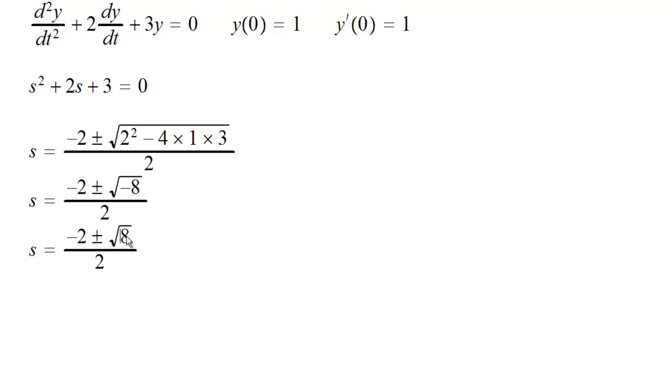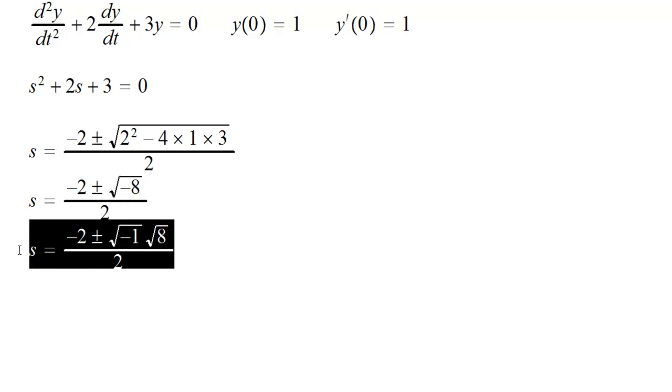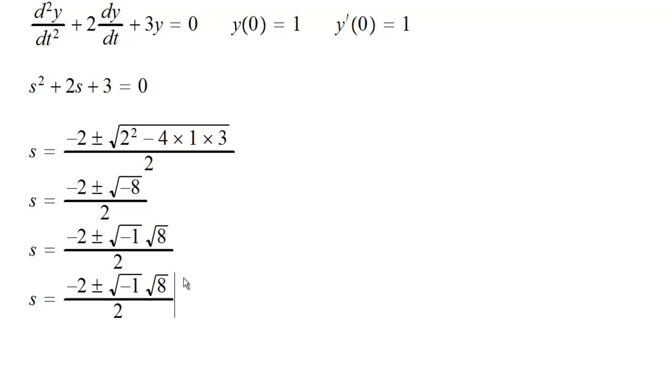Negative 8. So this square root can be split as a product of two square roots, right? And you know this part, this is a complex number i, and so we further change it. We can write the square root of 8 as 2 times the square root of 2, and then we are going to write i for this value.